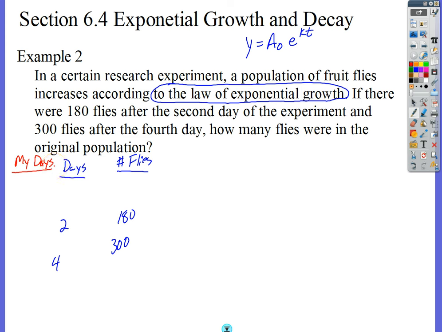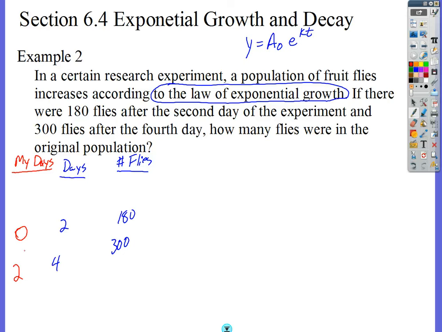The original day that I'm going to look at, day 0, my initial amount is going to be 180 flies. And 2 days later, it's now 300. Notice that these days, 2 to 4 and 0 to 2, are the same number of days. Except I'm reclassifying when this happens.